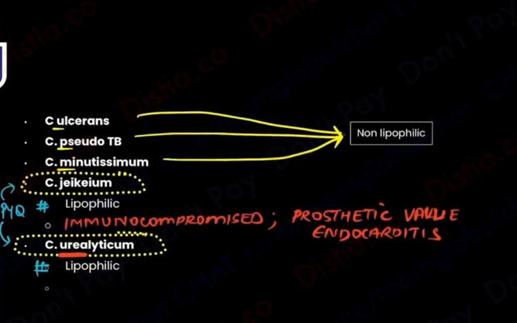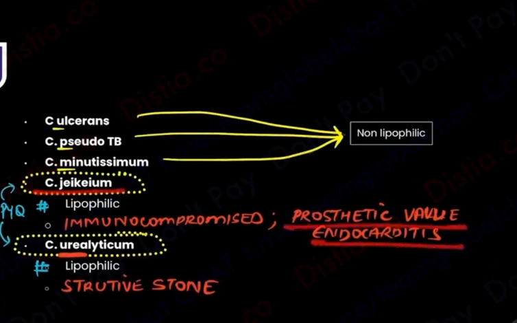Like Proteus bacteria, I'll tell you in a while, Proteus also has urease ability, so it causes a stone, and that stone is the struvite stone in the kidney. So remember this, urealyticum also causes struvite stone. Just one question: jeikeium and urealyticum both are what? They are lipophilic. Jeikeium is going to involve the heart, prosthetic valve endocarditis, and urealyticum is going to involve the struvite stones, right? Now let's move forward.